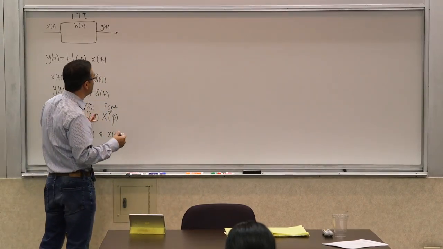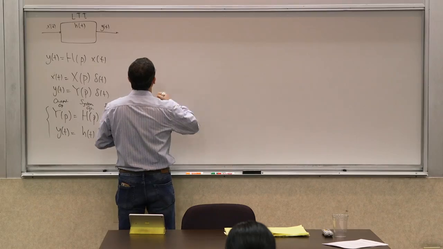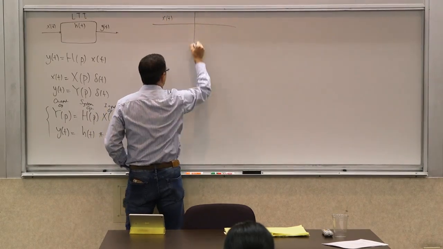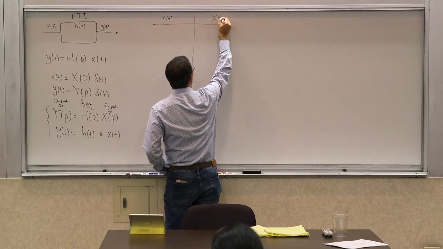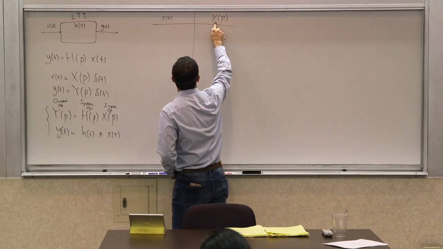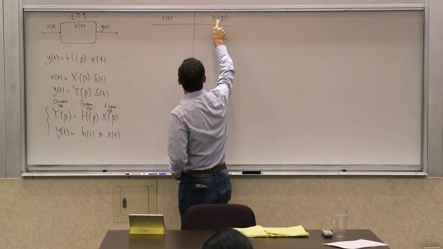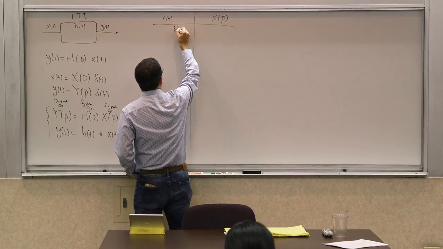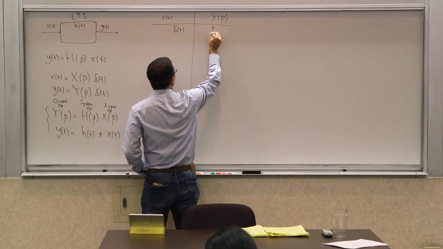Then the way we said we deal with this was to create a catalog of x of t's and their associated X of p, in other words, the operator that generates x of t off of an impulse. We saw that if x of t is delta of t, the operator is 1.